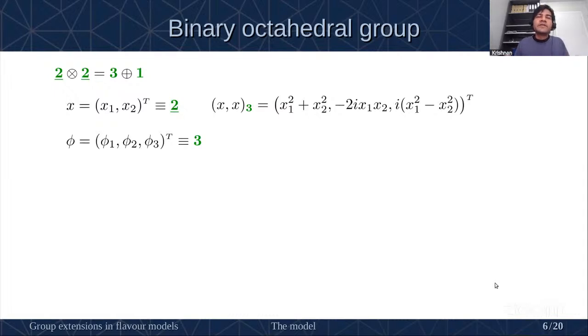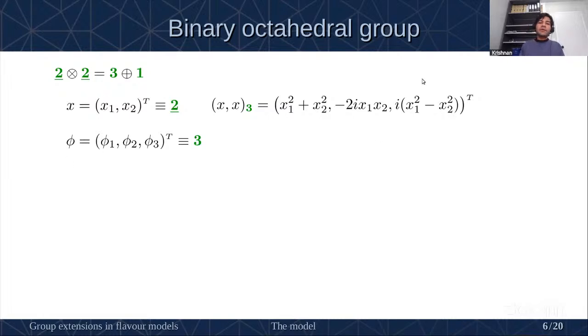Next, in physics, you always construct invariants. So I'm going to construct an invariant. And what am I going to use? I'm going to use a doublet, x1, x2, and then a triplet. So it has 3 components, phi 1, phi 2, phi 3, which transforms as a 3. Now, from 2 of these doublets, I can get a triplet, which I showed on the previous page.